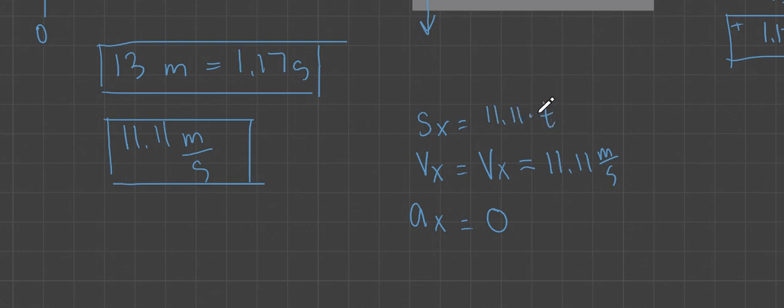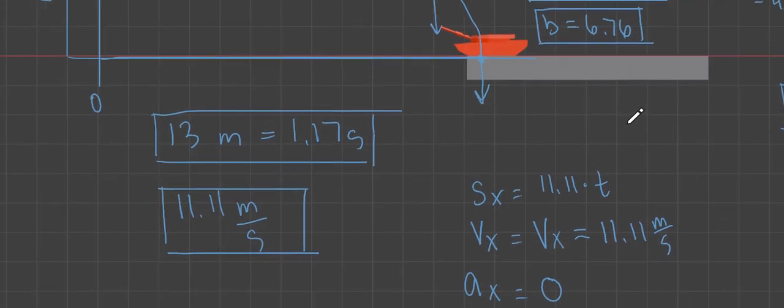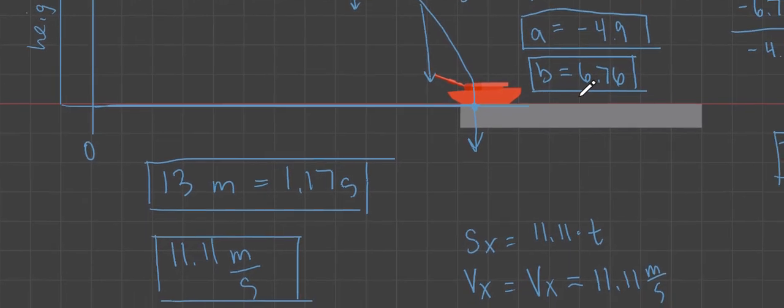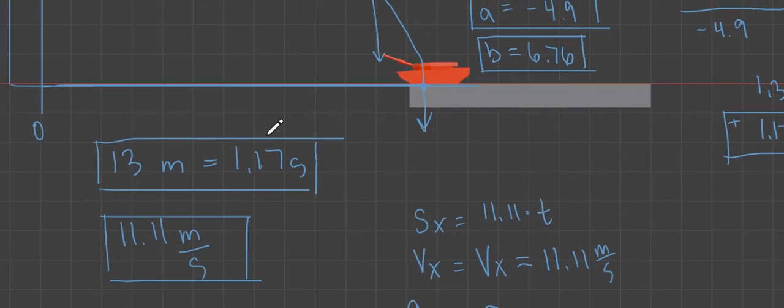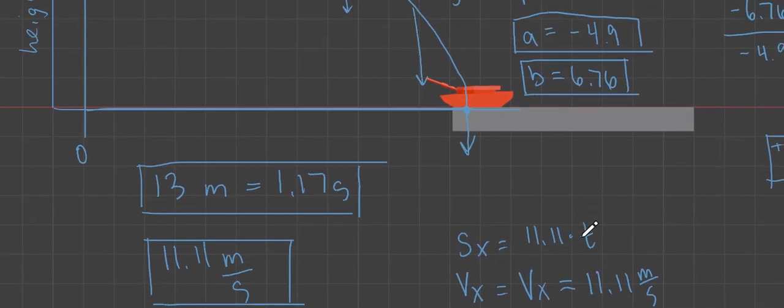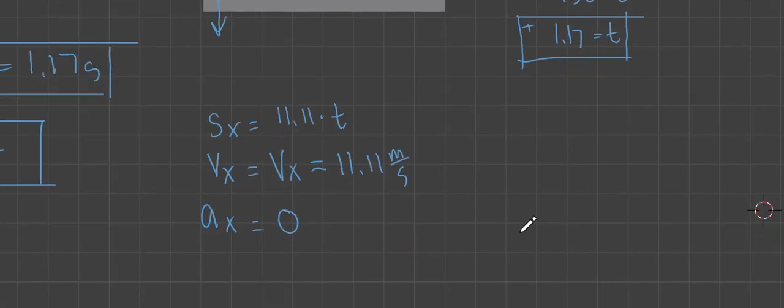At time 2, it'd be 22.22. Time 3, 33.33, so on and so forth. It actually wouldn't get greater than time 1.17, because by then it'll have traveled 13 meters and it will have hit the ground, so it won't be able to travel any further in the x-axis. So yeah, just wanted to kind of clean this up a little bit, get the main equations down.